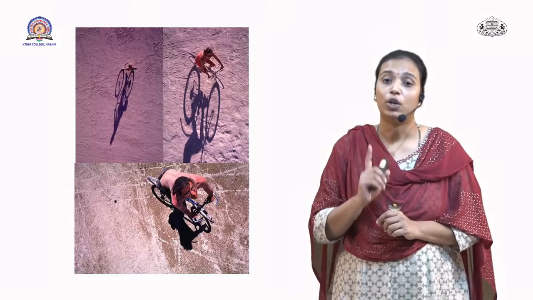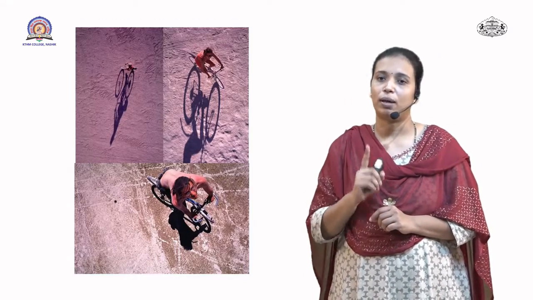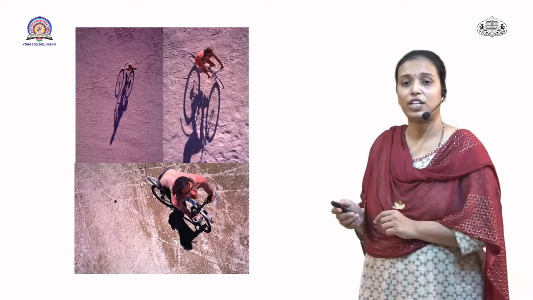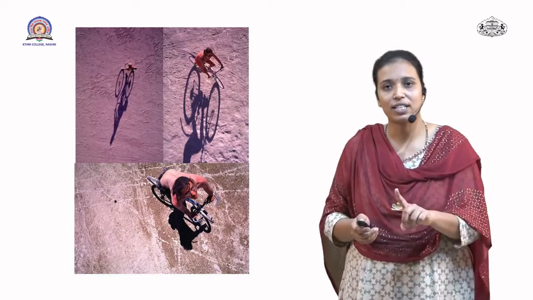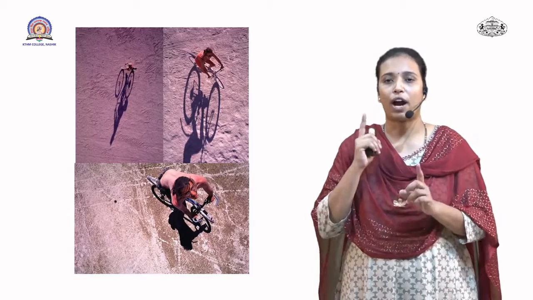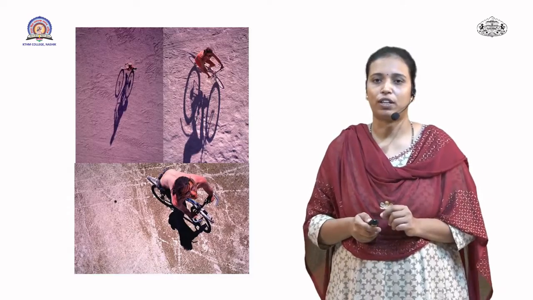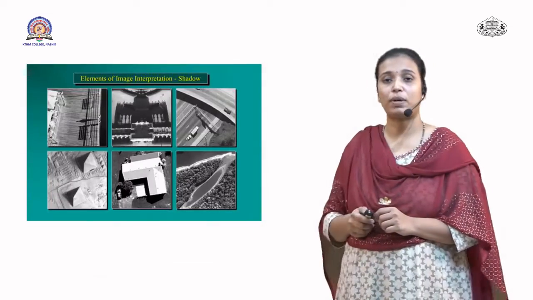So it may be noon time, when the sun angle is above the head of the man, due to which the shadow is very small. So this sun angle plus the shadow can help you calculate the height of any object. These are also some examples of shadow.